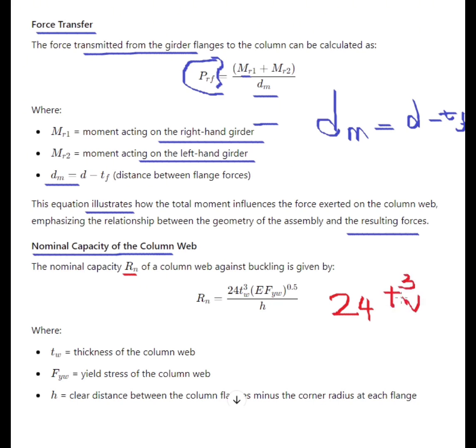So if we increase the column web thickness, the nominal capacity of the column web against buckling increases because it is directly proportional. h is the clear distance between the column flanges minus the corner radius at each flange. Fyw is the yield stress of the web. tw is the thickness of the column web.